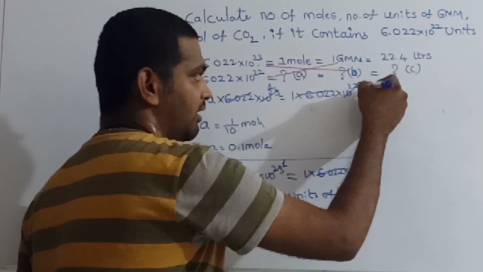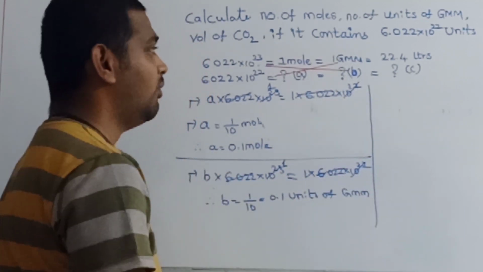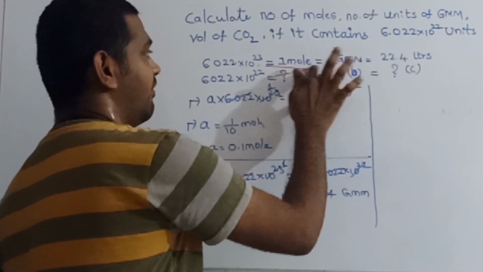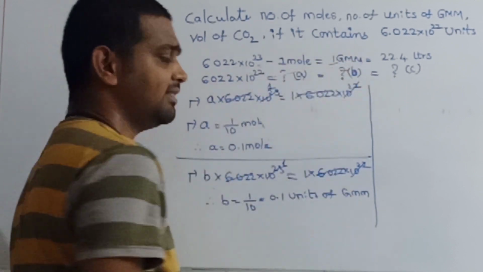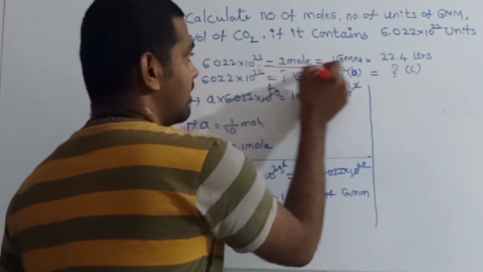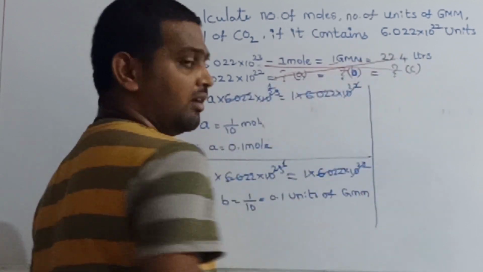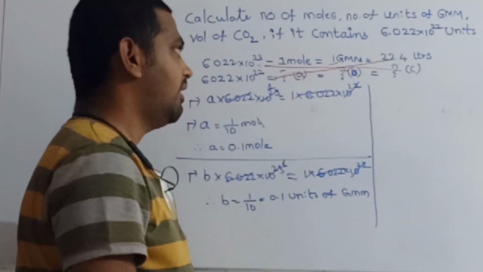The third step. Now in order to get the volume of the gas, I need to write the cross multiplication between the molecule parameter and the liter parameter.